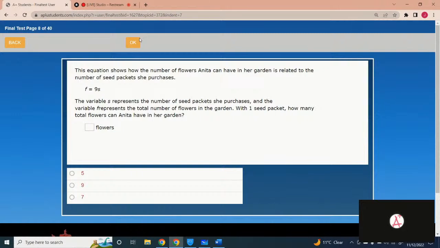Yes, it would be 9. 9 times 1 is 9. Just select the correct option and then click on the OK button.